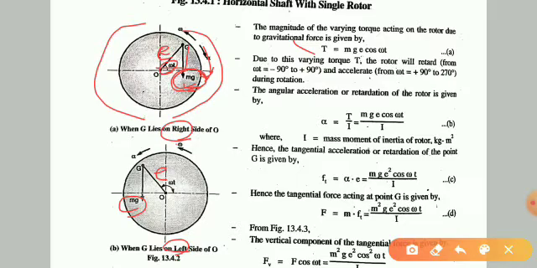The angular acceleration or retardation can be found from this equation: alpha is equal to T upon I, where I is the mass moment of inertia of rotor. Hence, the tangential acceleration or retardation at the point G is given by Ft equal to alpha into e.